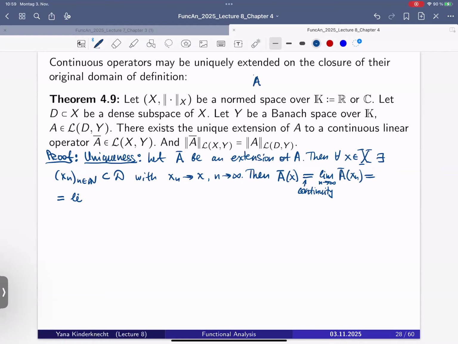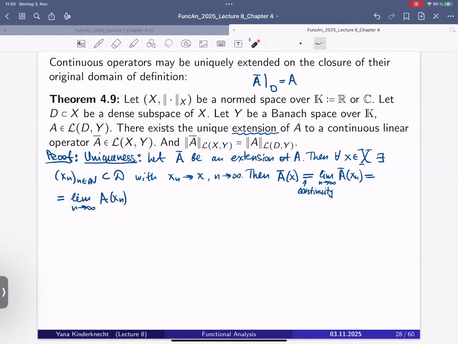This means that A bar restricted to D is exactly A. So we have this because xn belongs to D. So you see, whatever extension we take, at any point, it takes the same value.